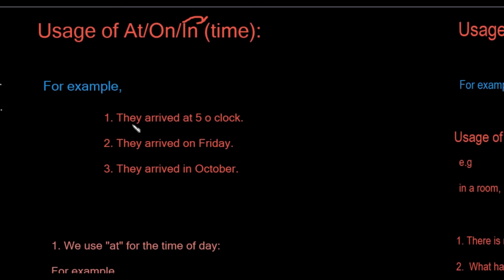For example, they arrived at 5 o'clock. They is the subject, arrived is the main verb, at is the preposition, 5 o'clock is the object. At is used for a specific time.